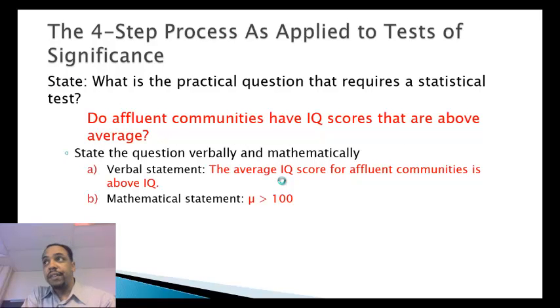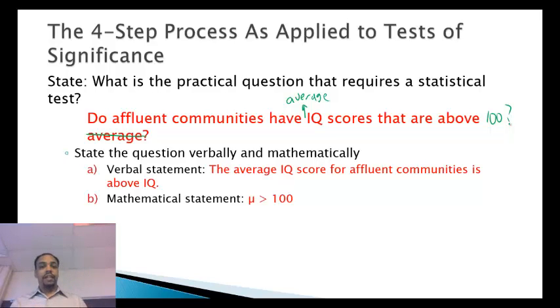So the first thing I want to think about is, do persons from affluent communities have average IQ scores that are above 100? That's probably the best way of describing it. So is their average IQ score above 100?